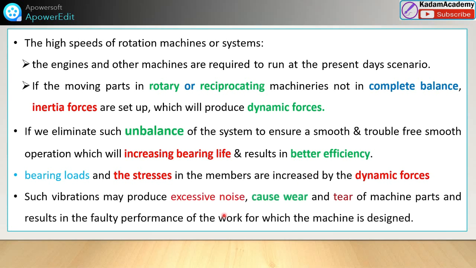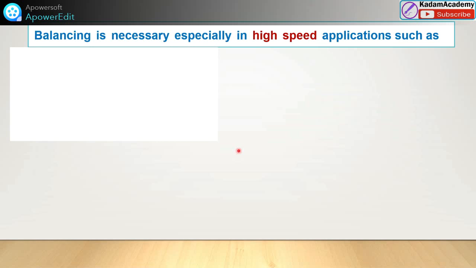There is also the possibility that vibrations may be created and may produce excessive noise or cause wear and tear of machine parts, resulting in faulty performance of the work for which the machines are designed. So for this purpose, we have to eliminate the unbalanced forces. For this purpose, we have to study this balancing chapter. Balancing is very necessary, especially in high-speed applications.